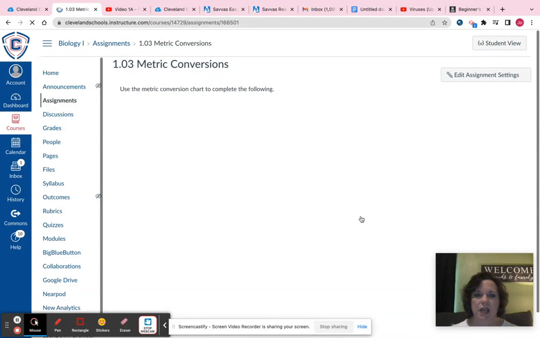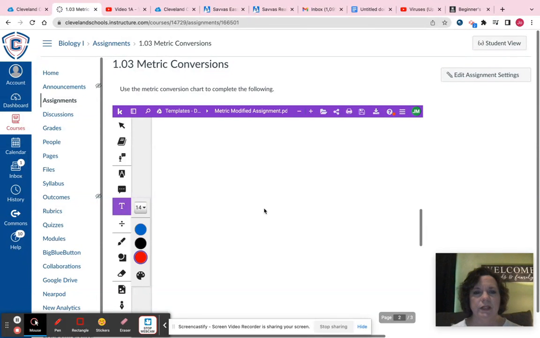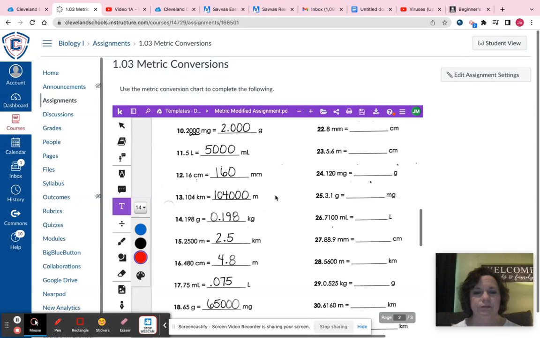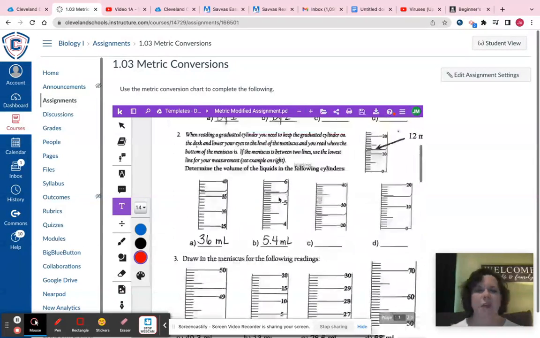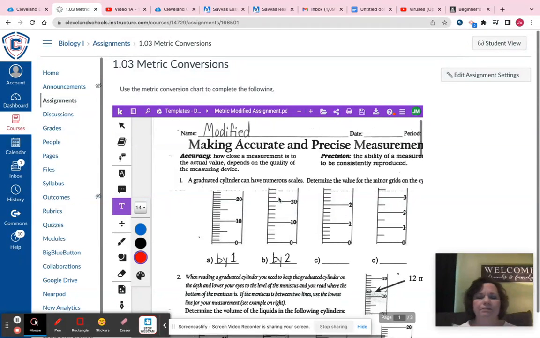I think Kami is kind of easy to use. It's easy to write on. But if you look at this assignment here, once it comes up, it's taking a little bit of time. There we go. I think it's coming up. Okay. So at the top of this, you have several different things that you're going to be looking at. On this first one, you're looking at a graduated cylinder.